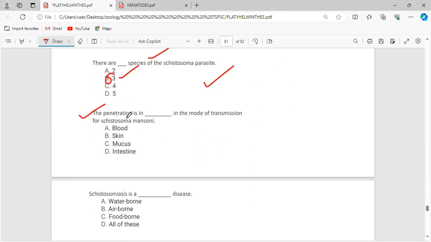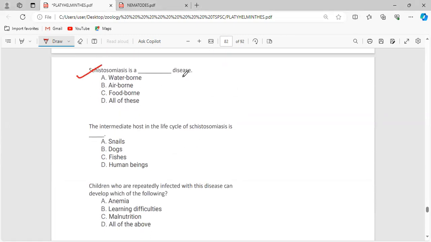The penetration, in the mode of transmission for Schistosoma mansoni, is through what? Very good. Initially it has to bore the skin, so skin is the answer. Schistosomiasis is which type of disease? Waterborne, airborne, foodborne, or all of these?